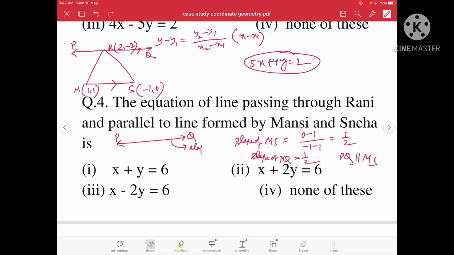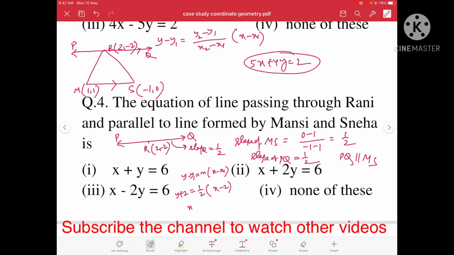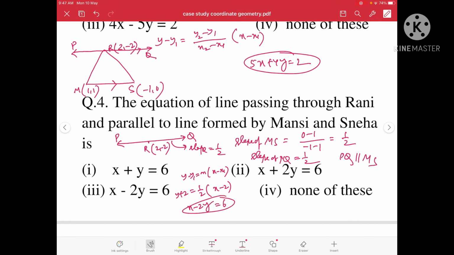Its slope is 1 by 2 and it passes through the point (2, -2), so we can use the slope-point form: y minus y1 equals m into (x minus x1). So y plus 2 is half into (x minus 2). If you simplify, you will get x minus 2y equals 6. So the third option will be the correct answer.